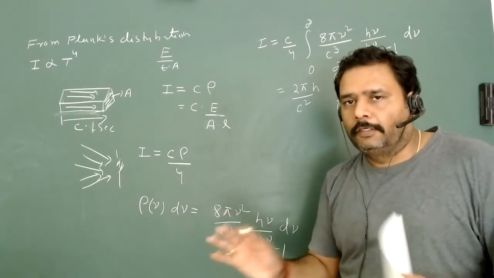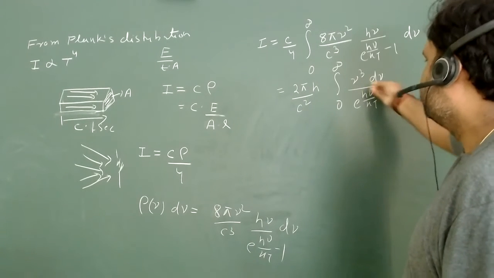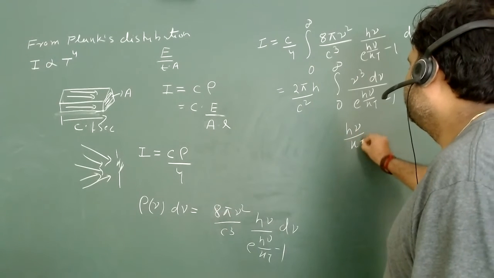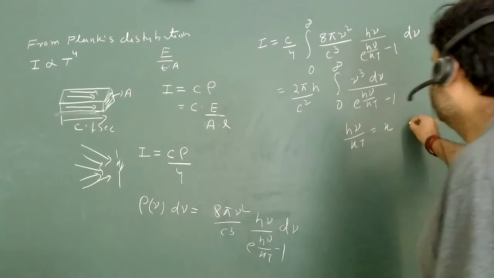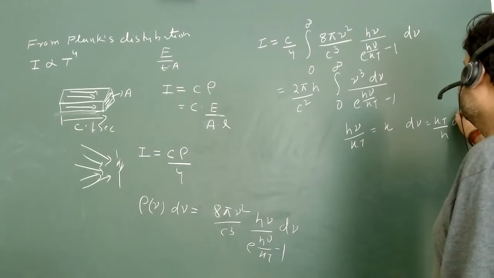Now we parameterize this integral: let h nu upon kT equal x, then d nu equals kT upon h dx.